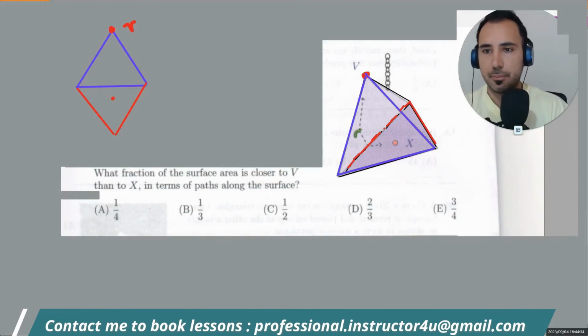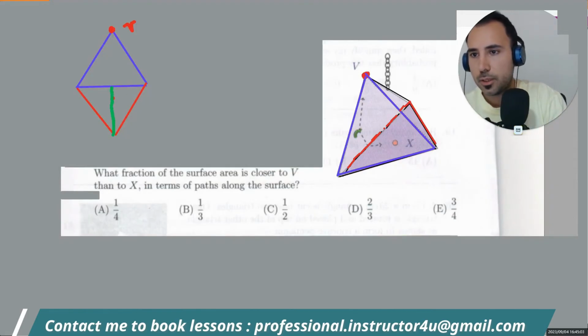Now let's see, for example, what if the food, however, is right over here? Again, you would see that it's closer to this one, so grab X. Okay, now where is the line, right, that it would be equally close to both of the foods? We're going to find that. Okay, so first of all, we know that this point, okay, is the centroid.